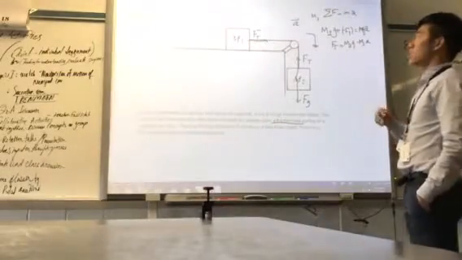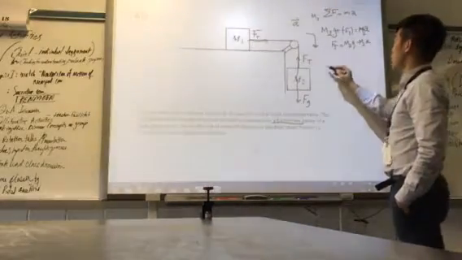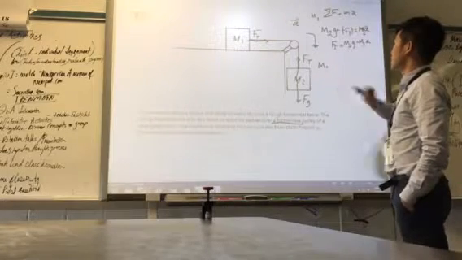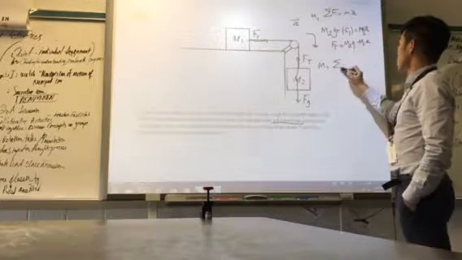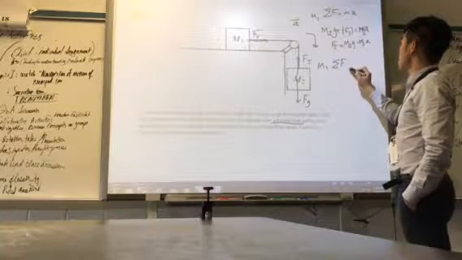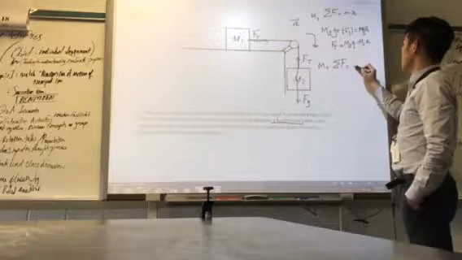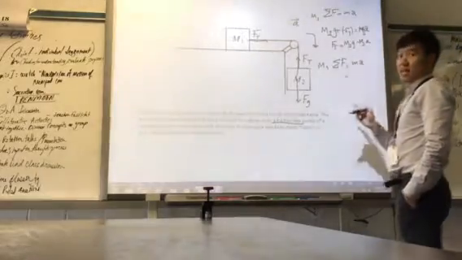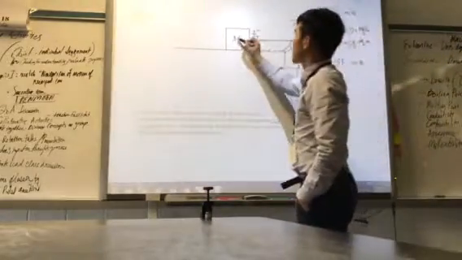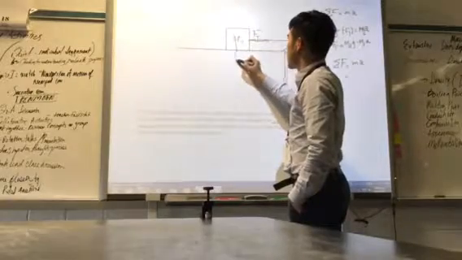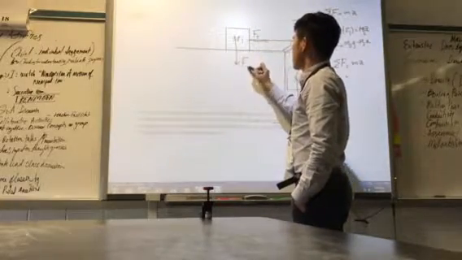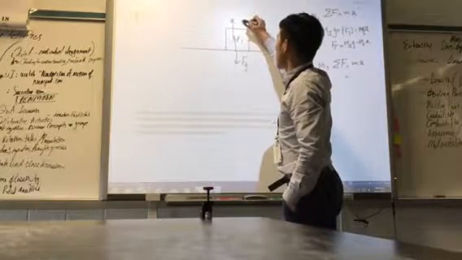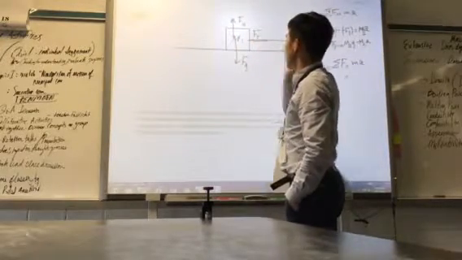Now I'm going to look at the box M1. I'm doing the same thing, the summation of the forces in the y direction first, so I have to draw the forces acting upon this box M. That would be the force of gravity, and since the object is on a surface, there must be a normal force.